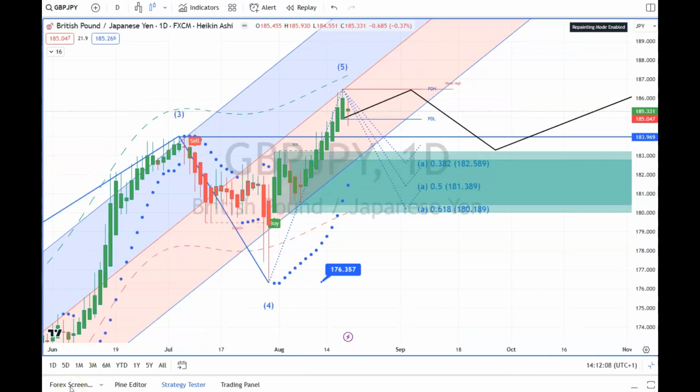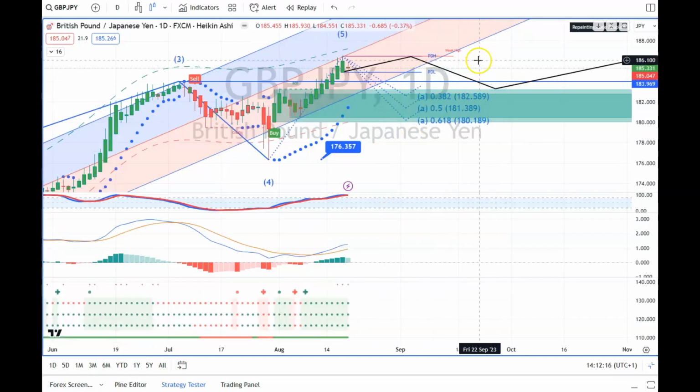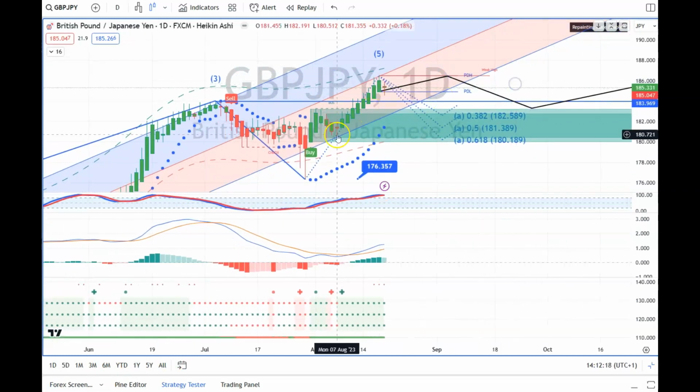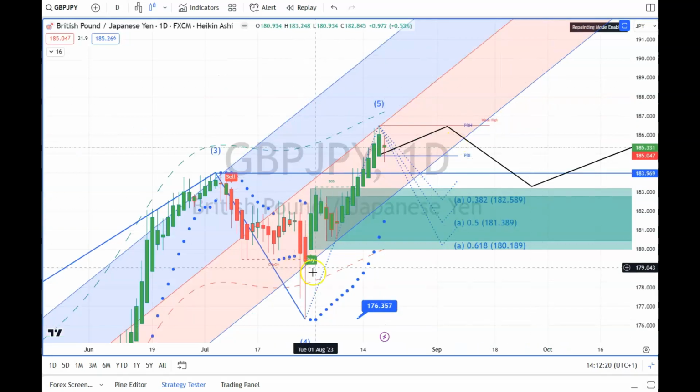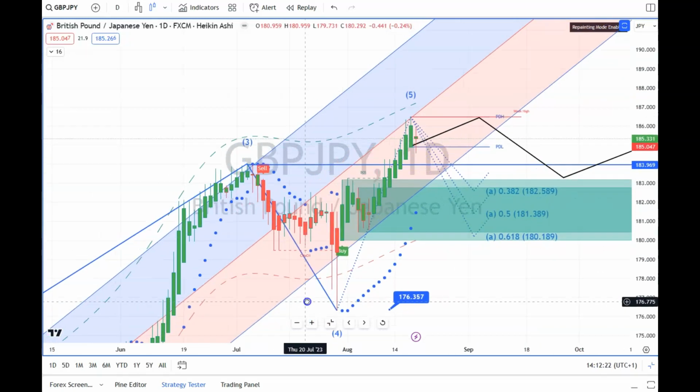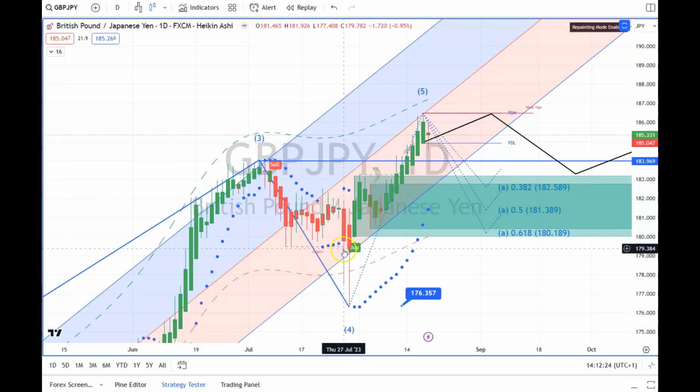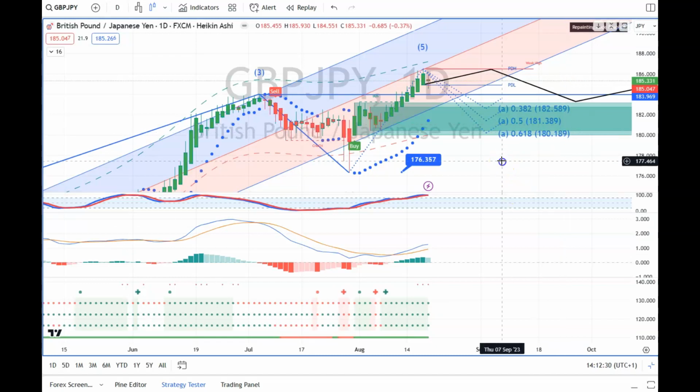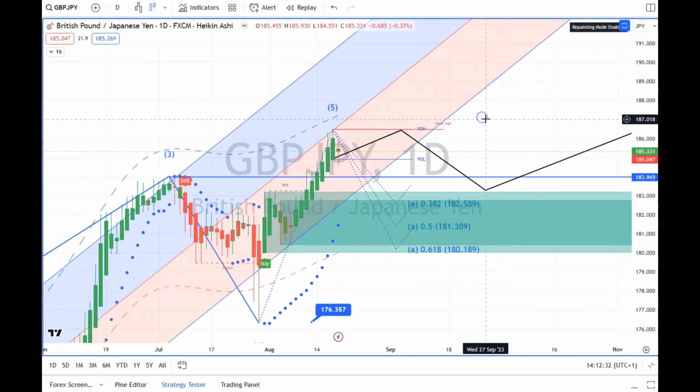Now the pound yen is very interesting. It is parabolic, there is no doubt about it. I'm going to go into the 4-hour chart in the next few minutes, so stick with me, guys. Here we can see it's definitely parabolic, and if you notice, this was the pattern that we had on the Aussie yen. Quickly it converts to a parabolic trend, and what we've got now is limited upside momentum.